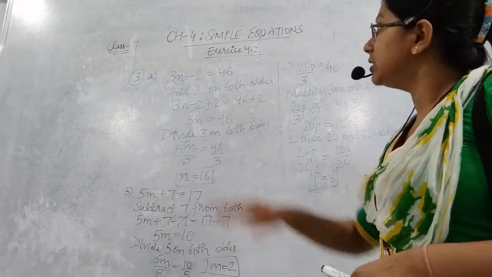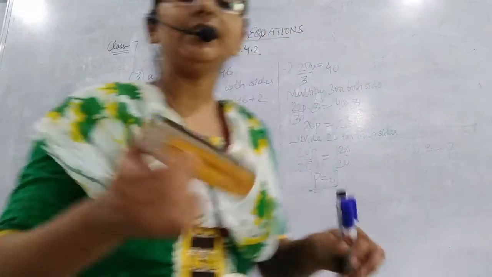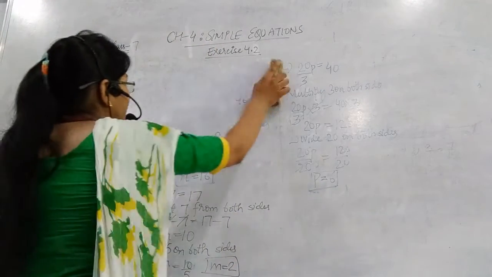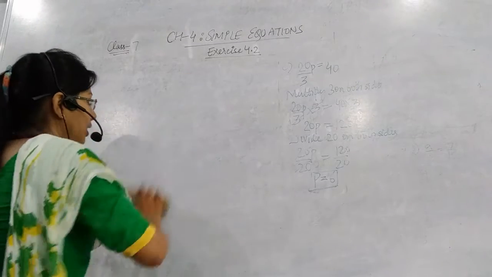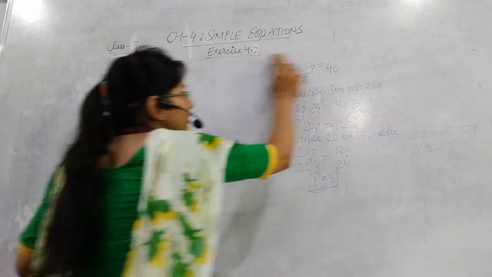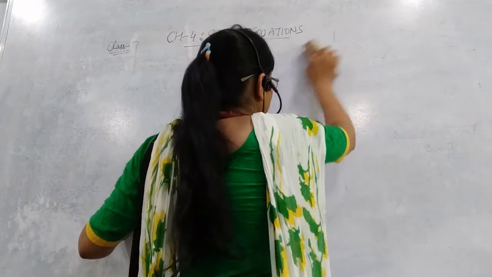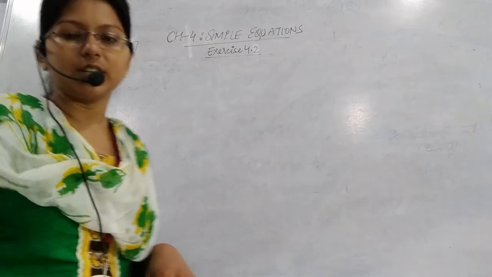Okay, now in these 3 questions it was mentioned in the question, give the steps. ठीक है, to separate the variable. यहाँ पे सबने हमसे steps मांगा था. So when they want us to write the steps, then we have to use the balancing method. Okay. Now in the next question, that is last question, they don't want us to write the steps.